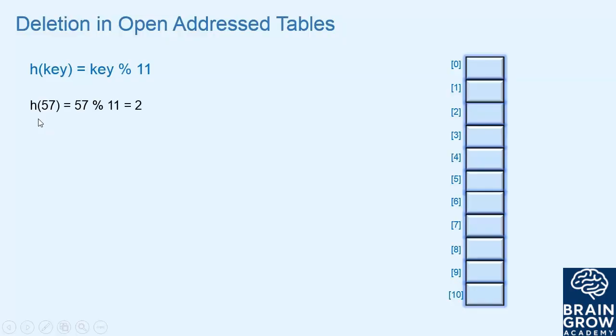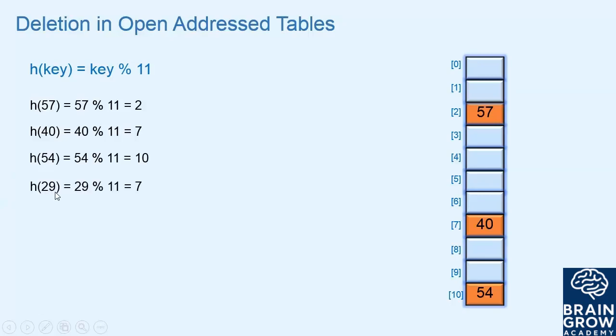First, we have this key 57. It is inserted here. Next, we have this key 40. It will be inserted here. Key 54 will be inserted here. Key 29 is mapped to location 7, which is not empty. So we insert it here. Key 76 is mapped to location 10, which is not empty. So we look at the next location and insert it here.